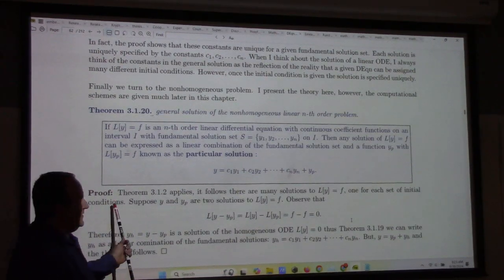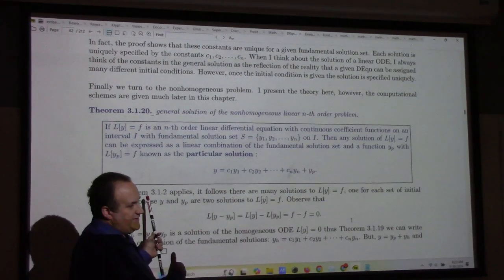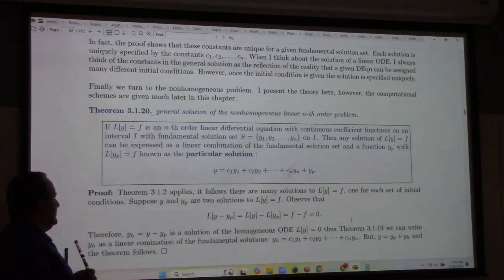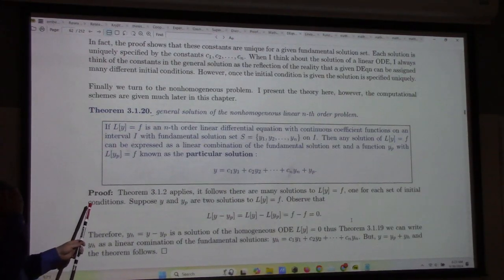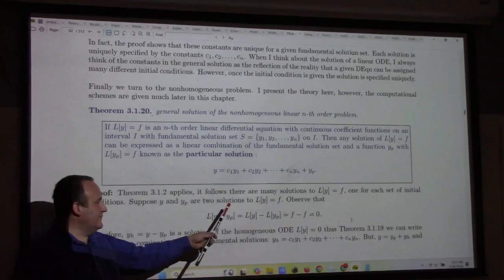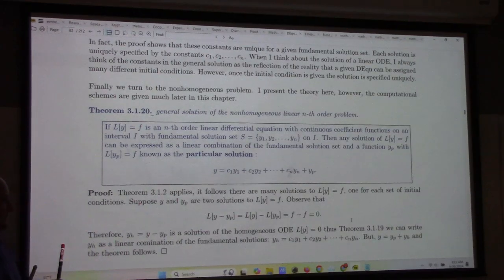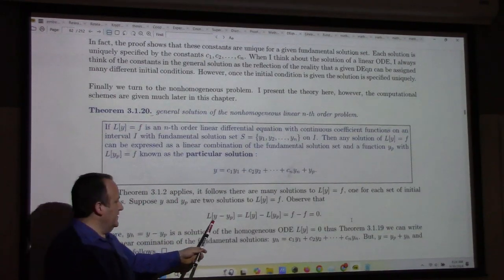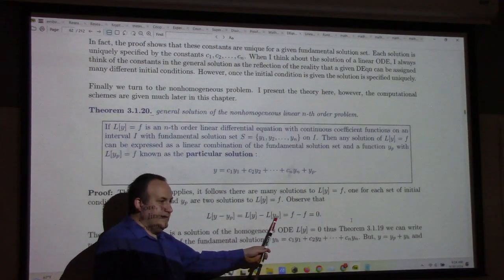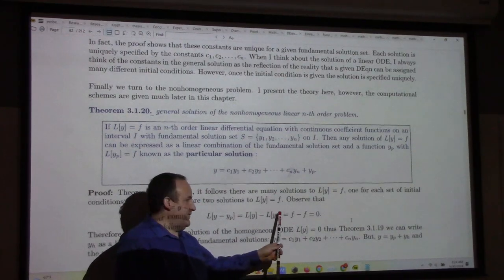So suppose you have, first of all, another theorem which tells us that there are solutions to this, and there's one for each set of initial conditions. Well, suppose you had two different solutions for y, L of y equals f, not necessarily with the same initial conditions. If you look at their difference, since L is a linear operator, you get L of y minus L of y_p. But these are both equal to f by assumption, and f minus f is 0.